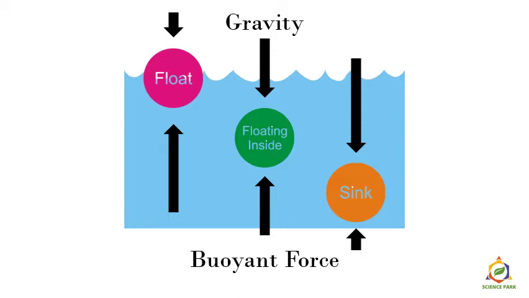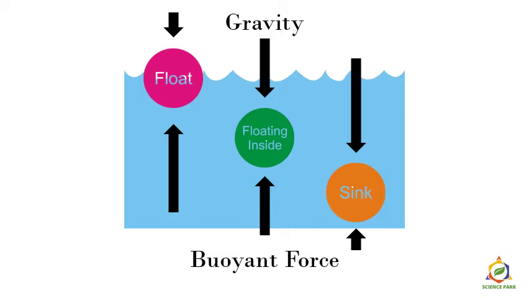Yes, that is why it is floating inside the surface of the water. In this case, the forces are balanced. And in the third case, the material which is sinking down, the gravitational force is more than the buoyant force. Yes. Now the first and the third case, in which the material is floating and has sunk down, these two cases are examples of unbalanced forces.